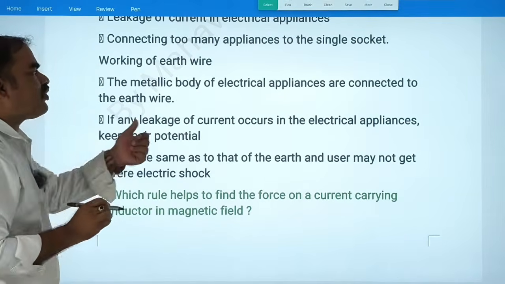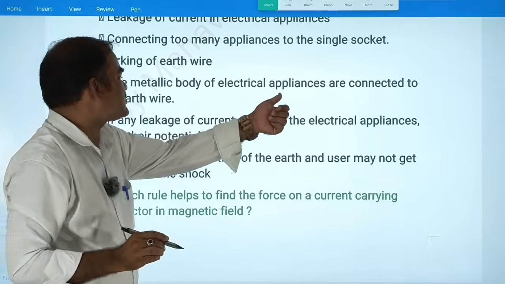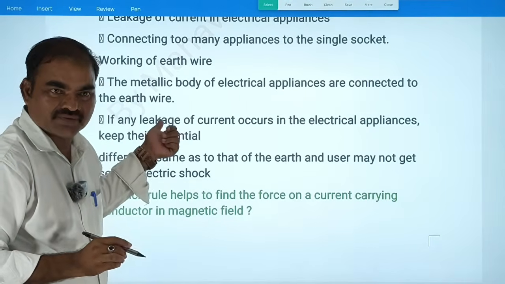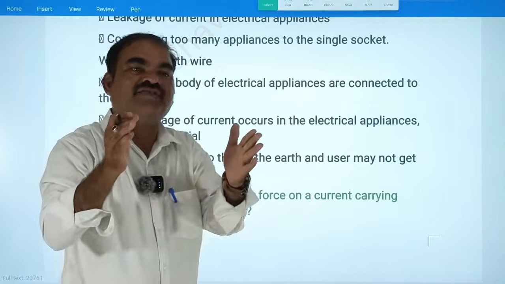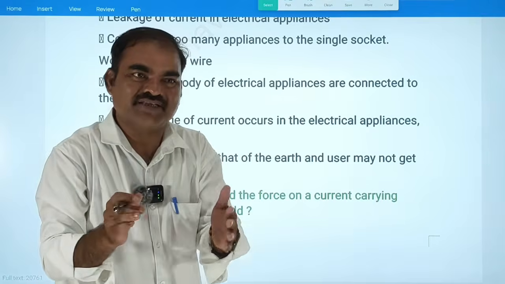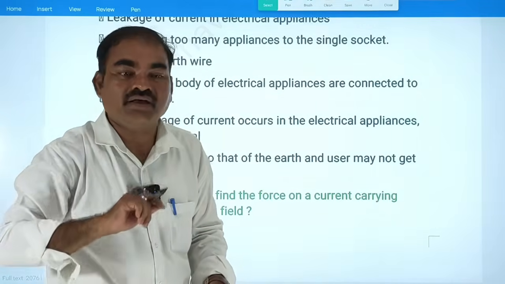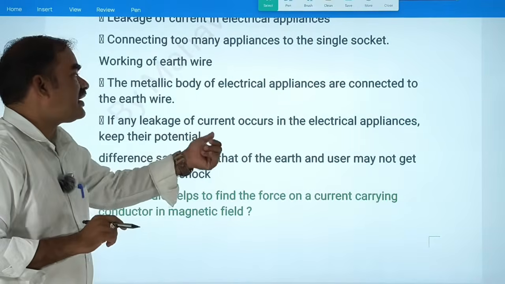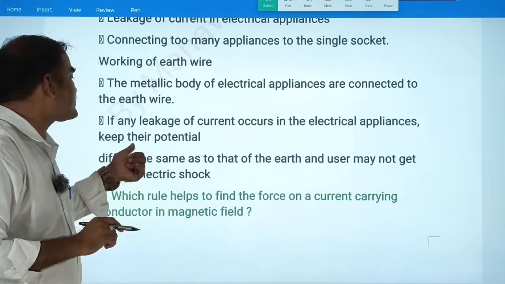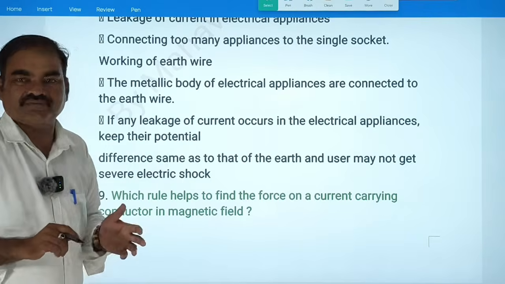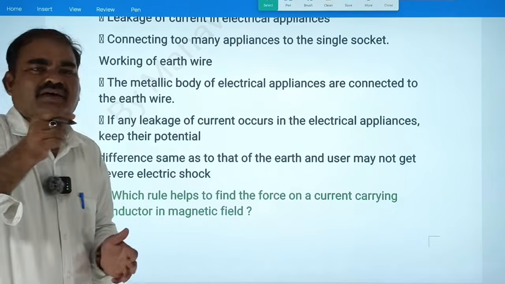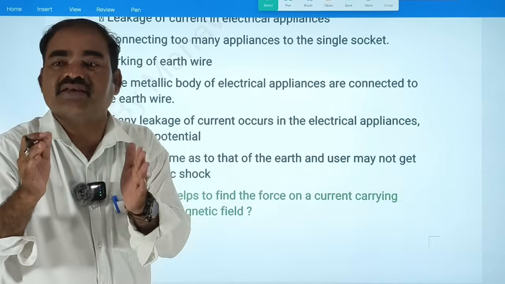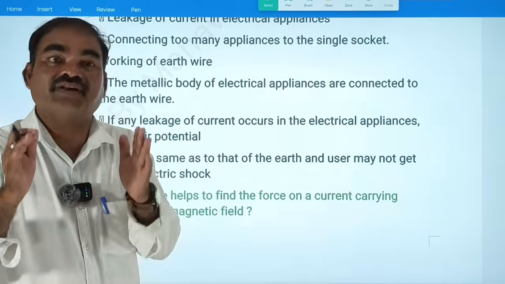And coming to this one, the metallic body of electric appliances is connected to the earth wire. For example, if a fridge is there in your home, it is connected to earthing. If any leakage of current occurs in the electric appliances, they keep their potential, which means the appliances will be safe from further damage.